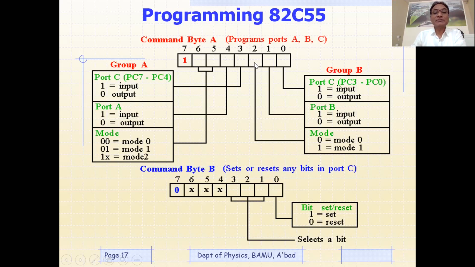Now, what about the remaining bits? The third bit will be responsible for configuring port A, right? So 1 means input and 0 means output.